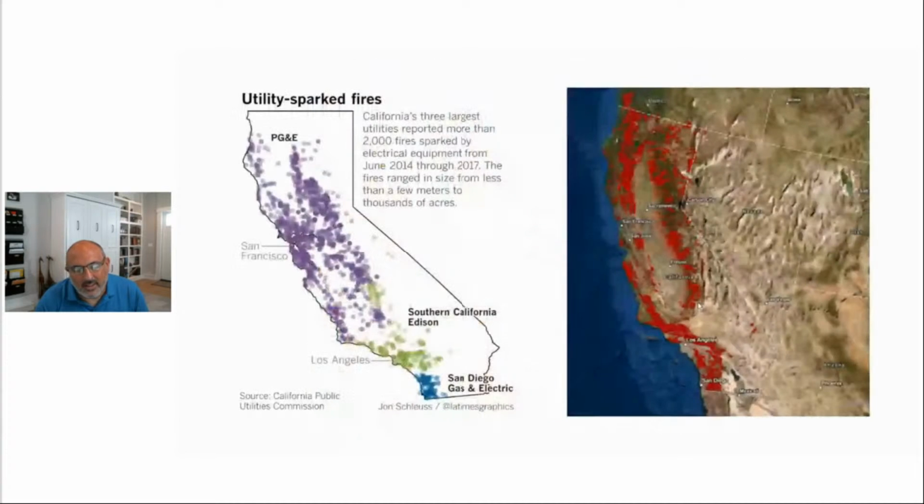Here's an example where I have that same map that we had in terms of where fire historically has occurred across the state of California. And then on the left-hand side, you see a map of utility sparked fires. And you can see that there's a relationship between the two, because the thing that drives large wildfires, namely hot dry winds, are the same sort of things that cause utility lines to spark.